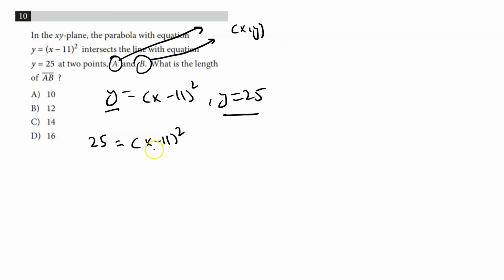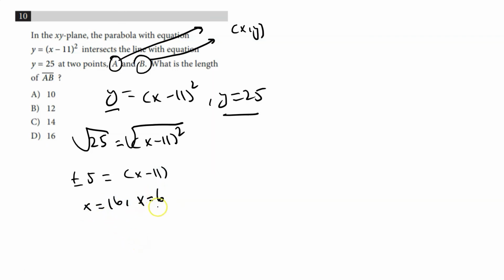So to isolate x, we can square root both sides, and we have that plus or minus 5 equals x minus 11, and that means x equals 16 and x equals 6. So our 2 points, A and B, are the points (6, 25) and (16, 25).